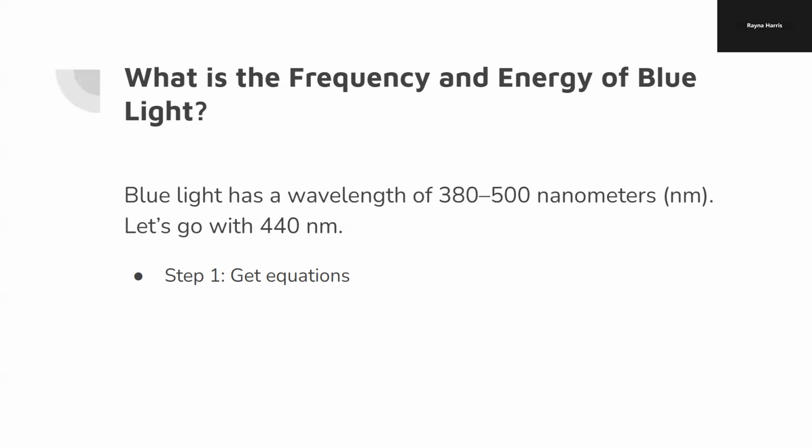One thing you'll notice is that our speed of light is in meters and our wavelength is in nanometers. Yeah, I know, fun. So we will have to convert. You can do this over on the side somewhere. How do we convert 440 nanometers to meters? How many nanometers are in 1 meter?